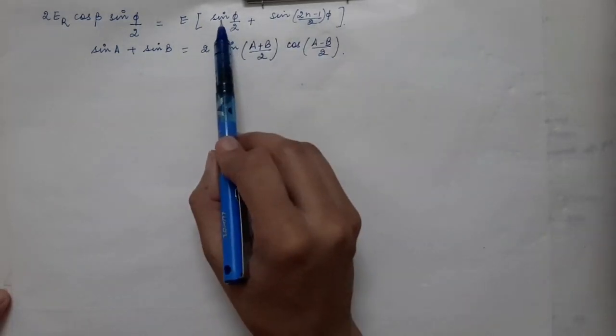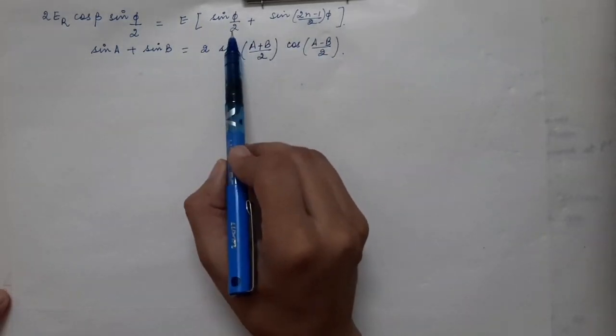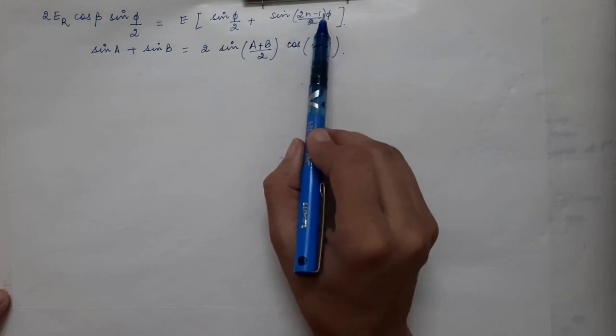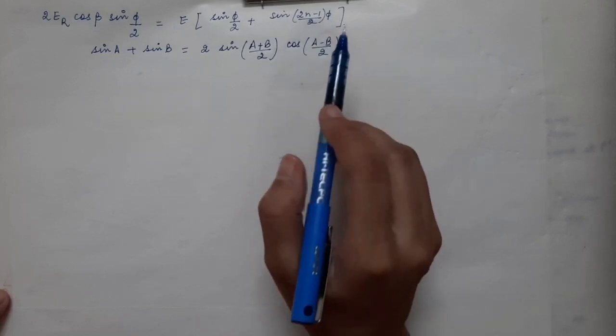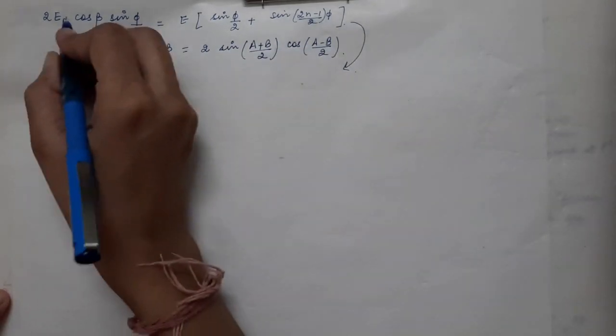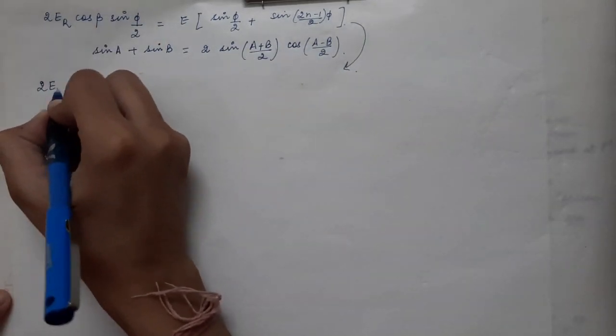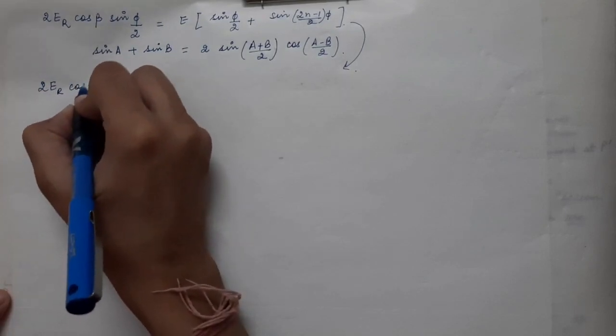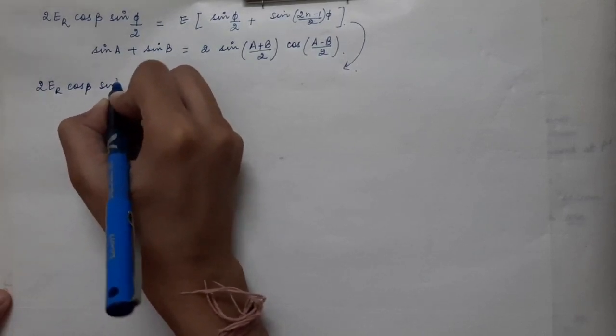So we will use the formula of sine a plus sine b. Here a is nothing but phi by 2 and b is nothing but (2n minus 1) divided by 2 into phi. So when you use this formula, the left hand side will remain as it is, that is 2 E_R cos beta into sine phi by 2.